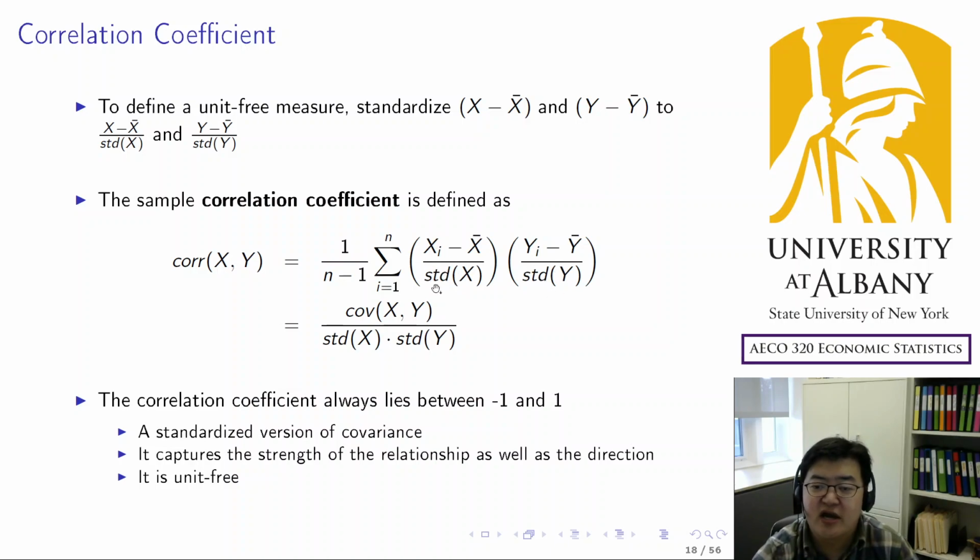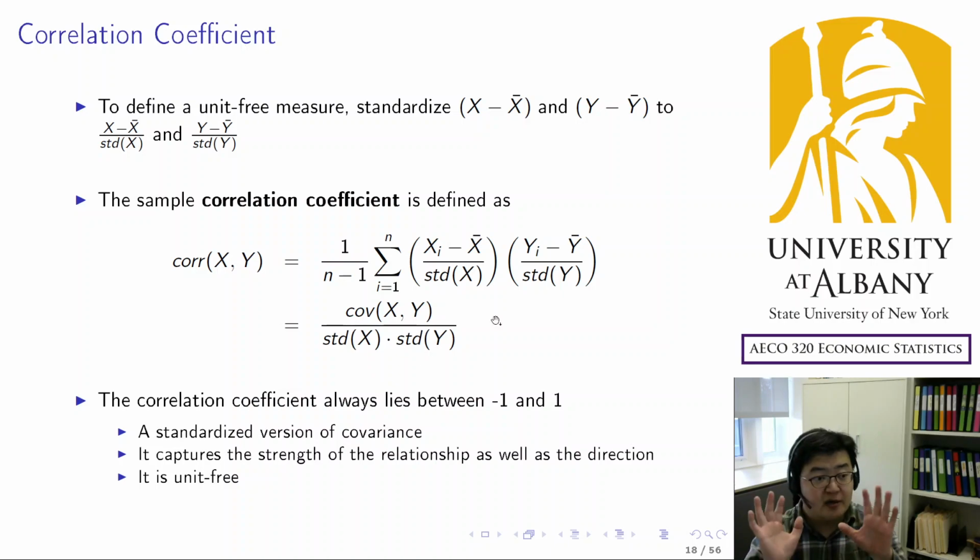So the denominator has standard deviations, and as you can see, those standard deviations can be factored out. Without the standard deviations, this part is the covariance, so it's like standardizing the covariance with both standard deviations.